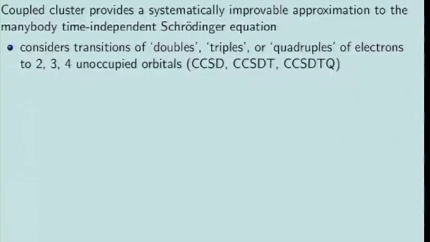What electronic structure methods do is try to solve the many-body time-independent, which means just static, Schrödinger equation, which allows you to calculate the energy of an electronic system to high accuracy, and subsequently to model things like chemical reactions and basic properties of materials.